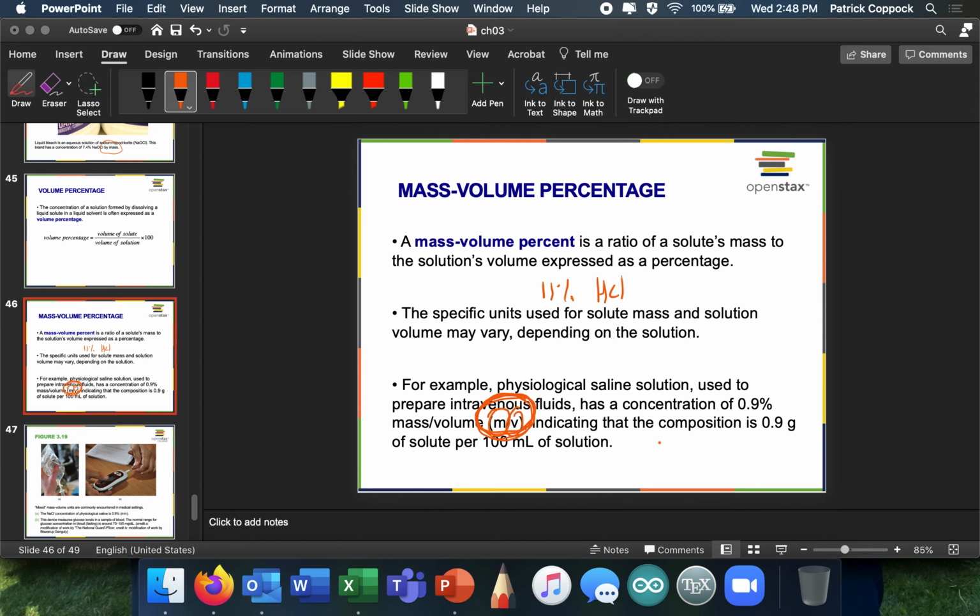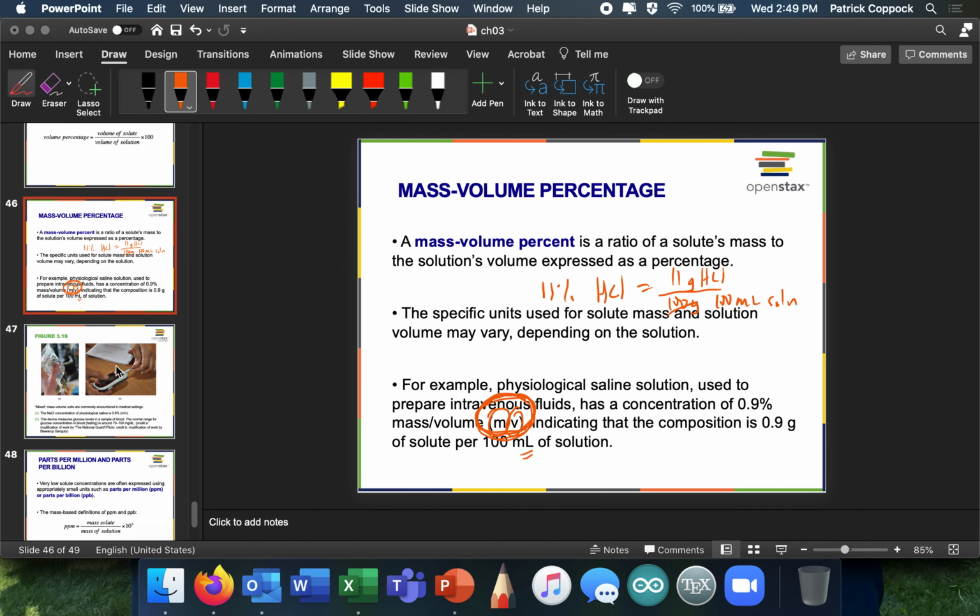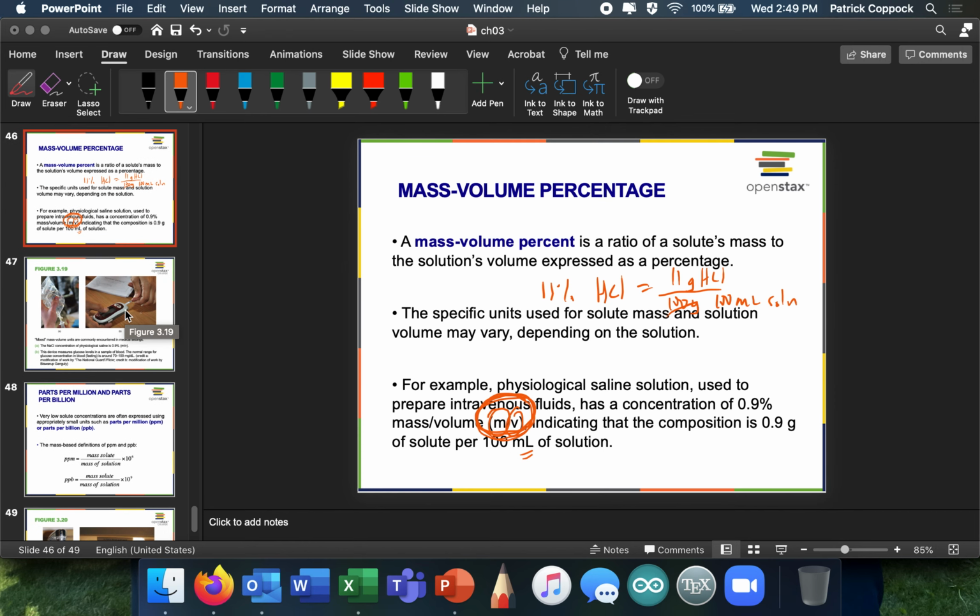So that would be, for example, 11 grams of HCl per 100 mL of solution. Can you read my writing? 11 grams per 100 mL of solution would be an 11% HCl solution. I'll tell you more of that story later. It's not interesting, I warn you now.